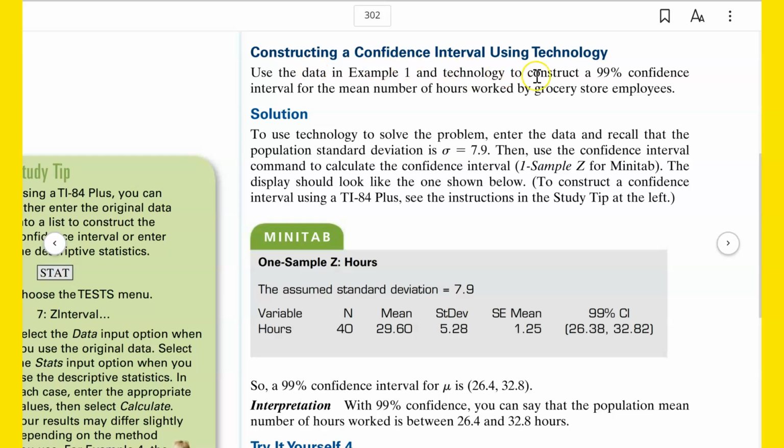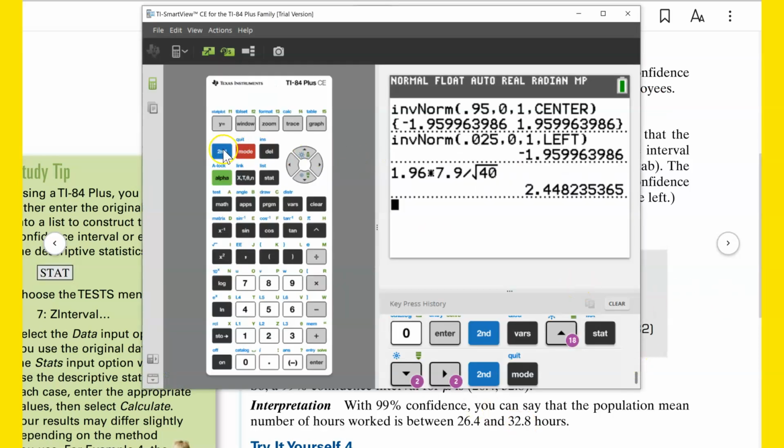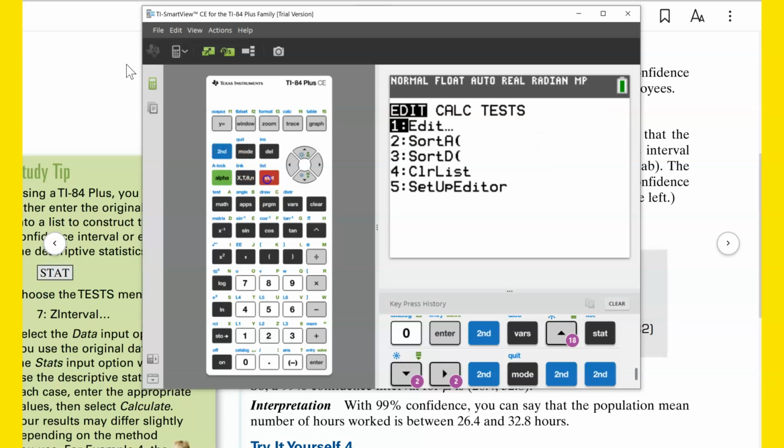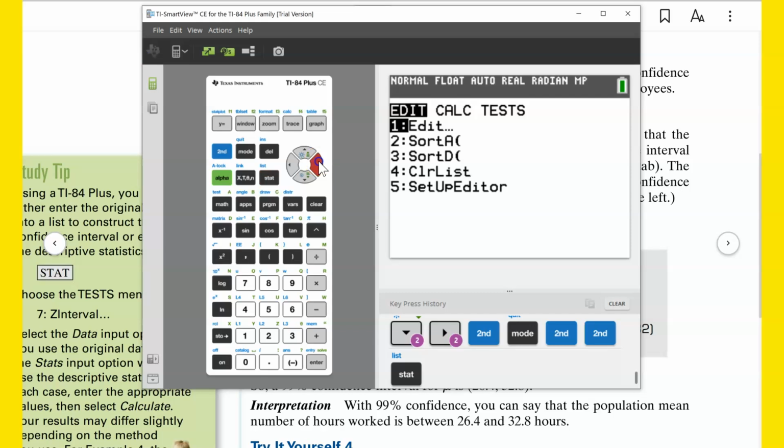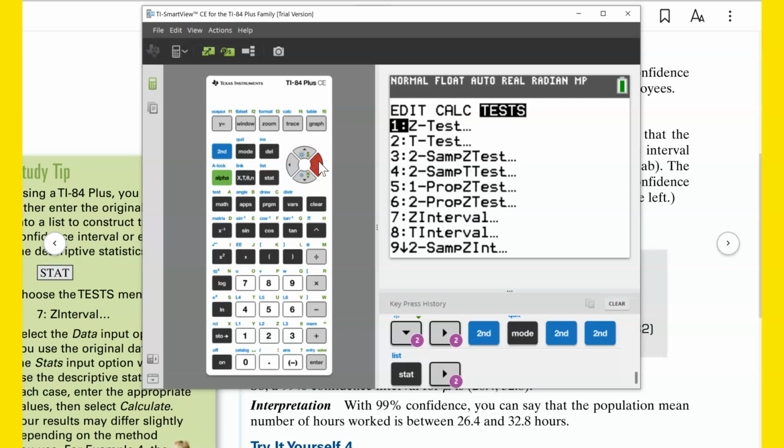Use the data in example 1 in technology to construct a 99% confidence interval for the mean number of hours worked by grocery store employees. Here is the ultimately easiest way to do this. The way we just showed was a more thoroughly detailed way, but the calculator will do all that for you. You just go to stat, and click over to tests.